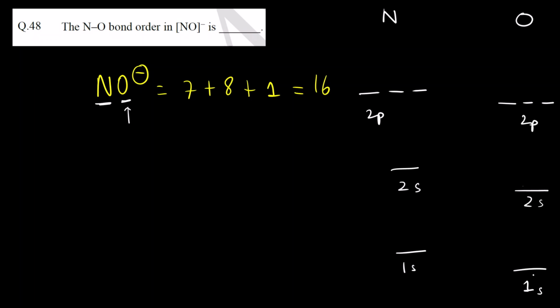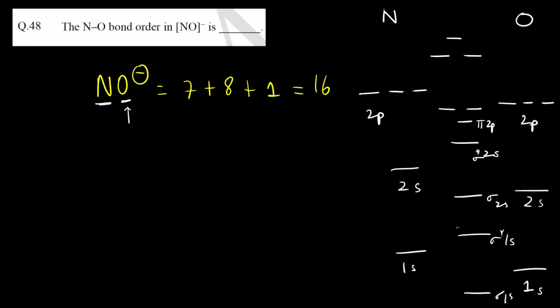Okay, now atomic orbitals combine to give one bonding and one anti-bonding. Similarly 2s will also combine to give one bonding, one anti-bonding. Similarly 2p orbitals will also combine to give bonding and anti-bonding. This is sigma 1s, this is sigma star 1s anti-bonding, sigma 2s, sigma star 2s anti-bonding.